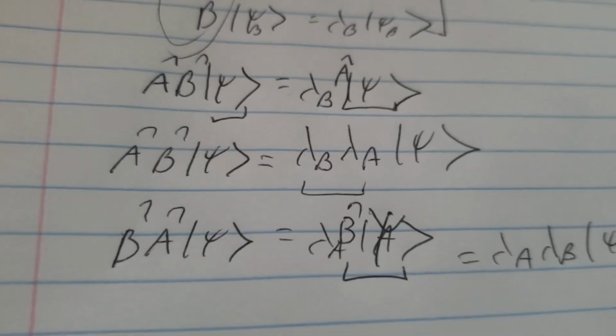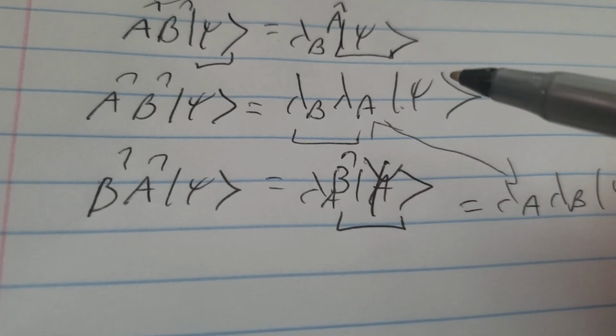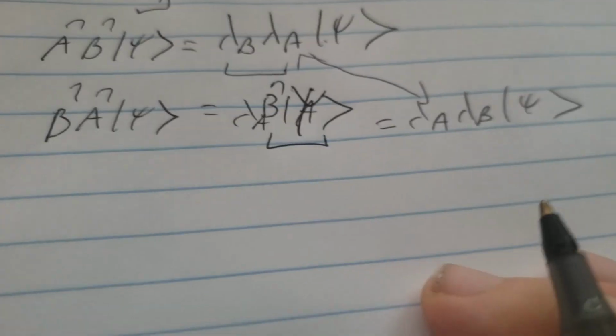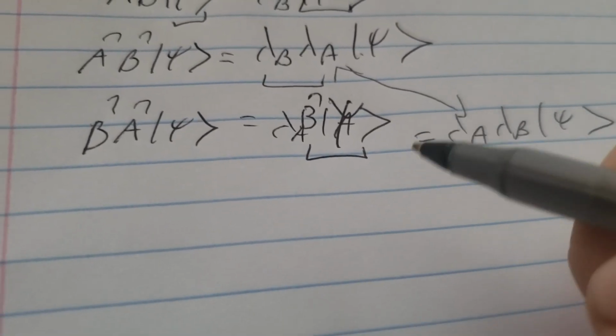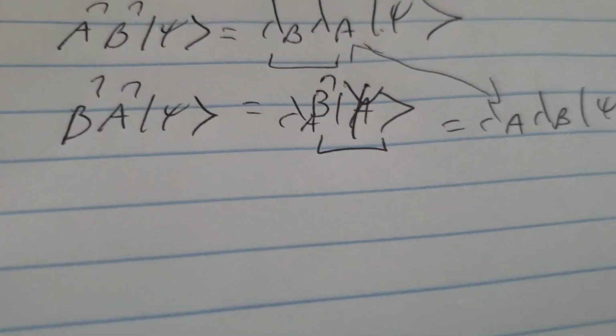That by definition is just lambda A times lambda B times psi. Now these are just constants. They're not operators, they're numbers. And so the order in which you multiply them doesn't matter. So lambda B times lambda A is equal to lambda A times lambda B.